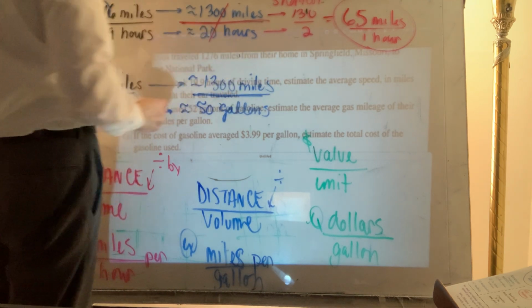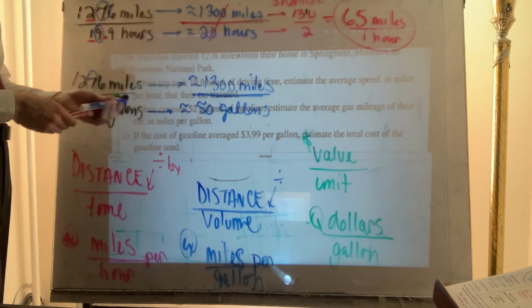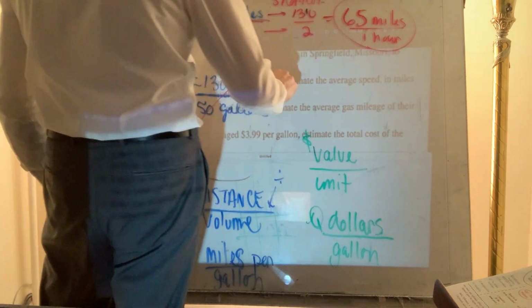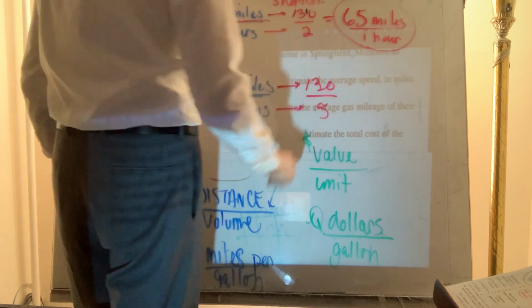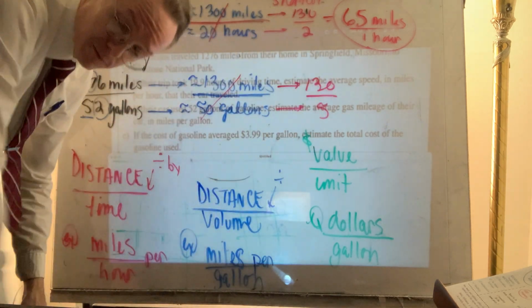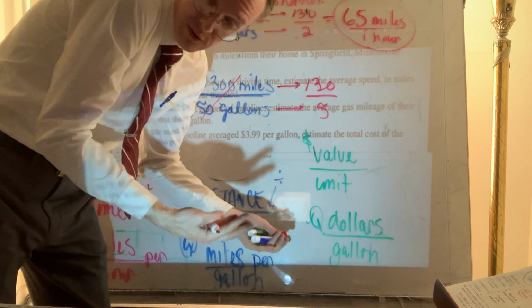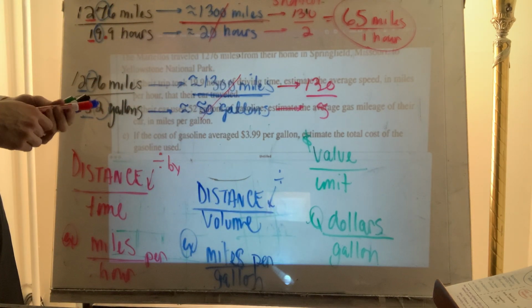miles. Once you have it in this orientation, something over something else, the shortcut is you could cross out pairs of zeros. And it basically becomes 130 divided by 5. Now, if you remember rules of divisibility from childhood, anything that ends in a 5 or a 0 is divisible. It's going to divide nicely, no remainders, no decimals.